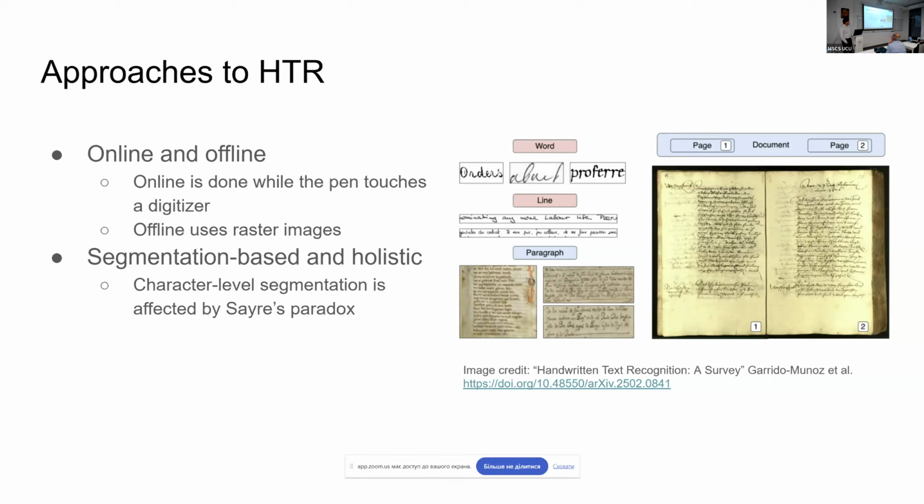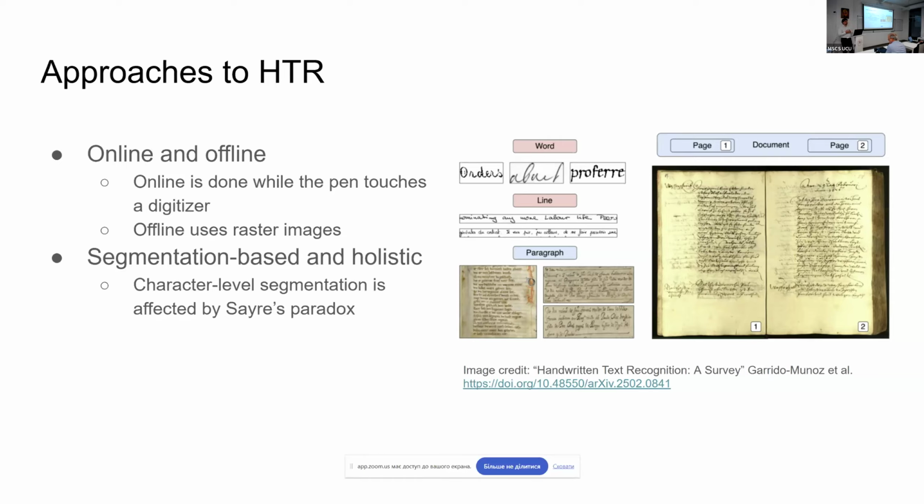There are also approaches that use segmentation, and there are approaches that are holistic. Segmentation requires a separate algorithm that first processes the image into some segments. These can be words, lines, or even paragraphs. But you have two algorithms, and you have more failure points. So the holistic approaches are now the state of the art.